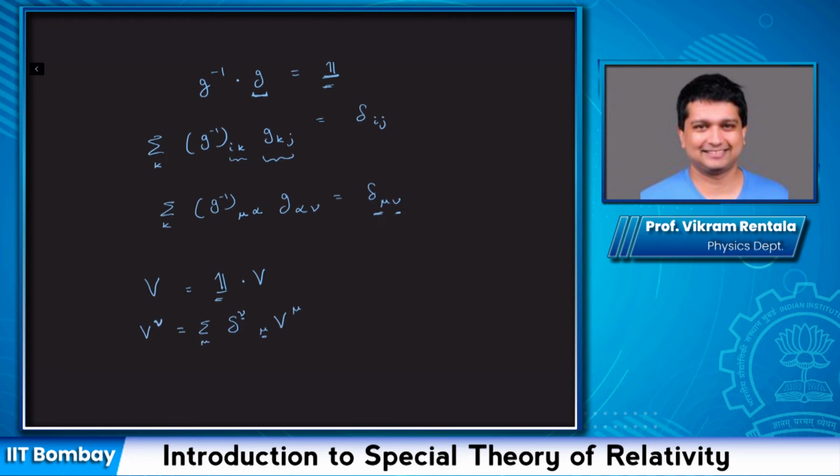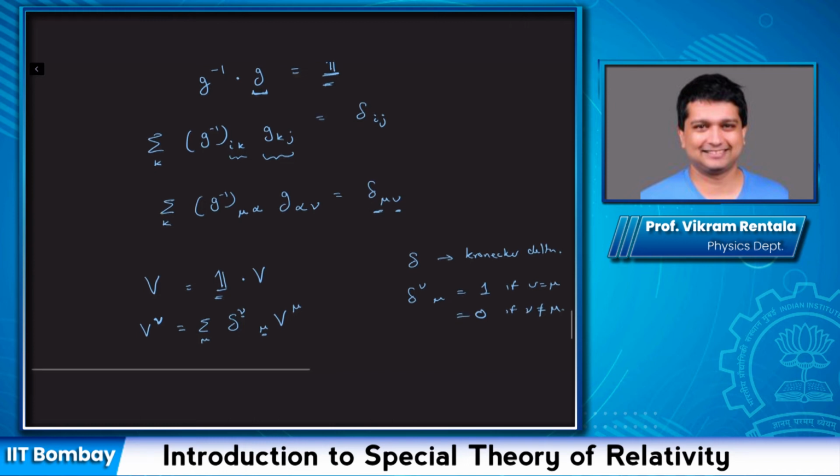Okay, so the matrix delta is the Kronecker delta, I should have mentioned this earlier, which means that delta nu mu is 1 if nu is equal to mu, and 0 if nu is not equal to mu. So if these indices are different, this is 0.